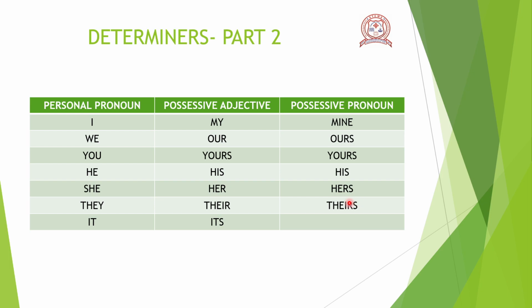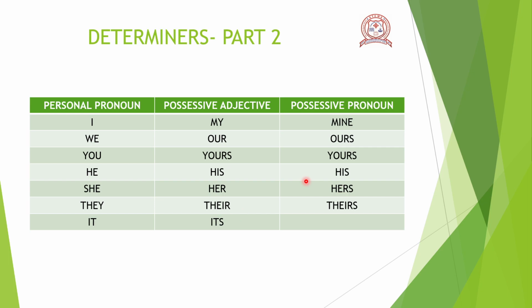Now, coming to this table, you can see that the personal pronouns are I, we, you, he, she, they, and it. And when it comes to possessive adjective, I becomes my, we become our, you become your, he becomes his, she becomes her, they become their, and it becomes its.